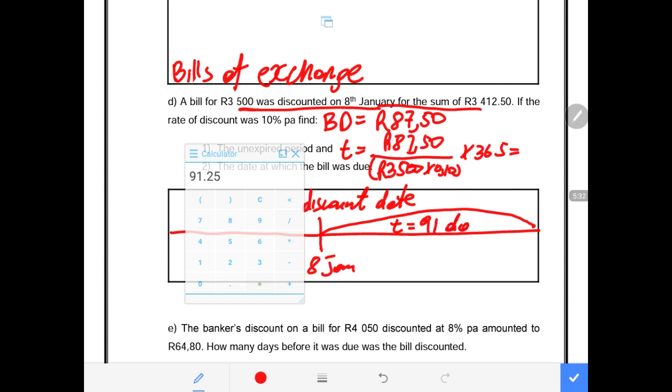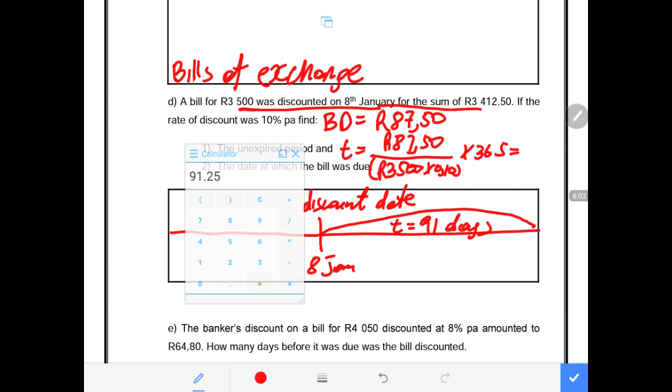Let me just verify again with my calculator, because sometimes there's rounding off with the online calculator. 8,750 divided by 3,500 times 0.10 close brackets, equals, times 365. Yes, 91.25, which is rounded off to 91 days, using the normal rounding off.